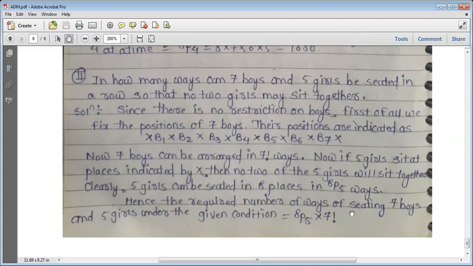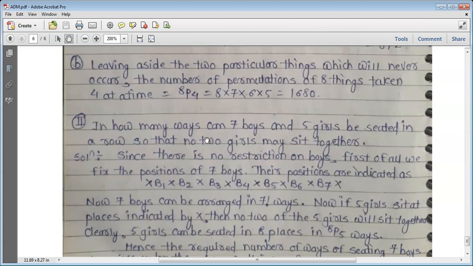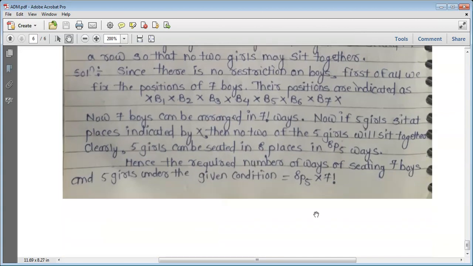Hence the required number of ways of seating 7 boys and 5 girls under the given condition is 8P5 into 7 factorial, from the product rule. In this way, when the 7 boys and 5 girls are seated in a row so that no two girls sit together, the number of ways is 8P5 into 7 factorial.